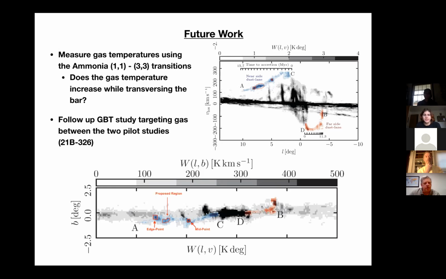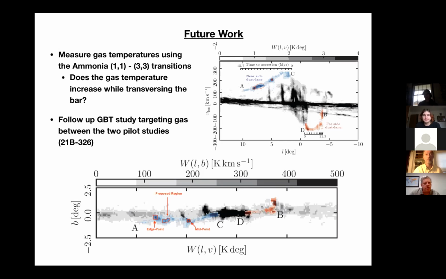A question I have is related to your proposed region. After that point, do you have any intention of continuing with the other side, the red-shifted component of the bar, or is that too obscured? So the far side, the issue is observing it with the GBT, since the galactic plane is tilted, and even at the galactic center you're already pushing a very low elevation.